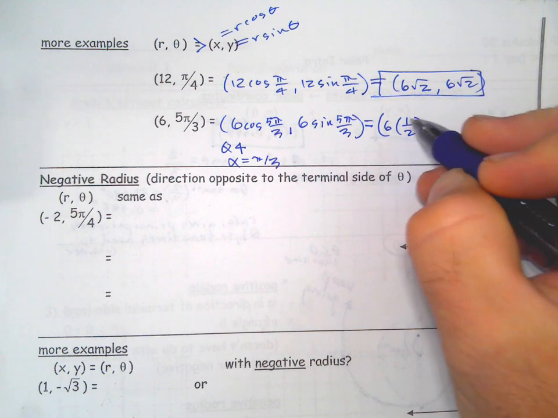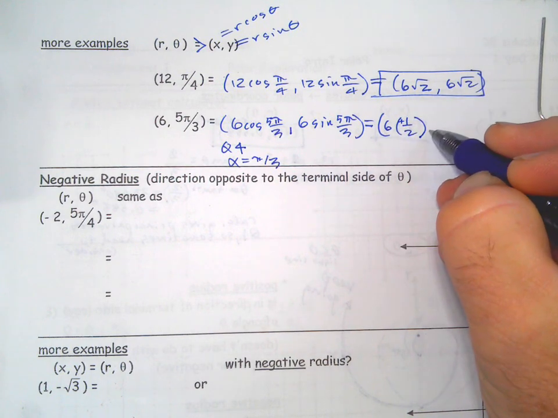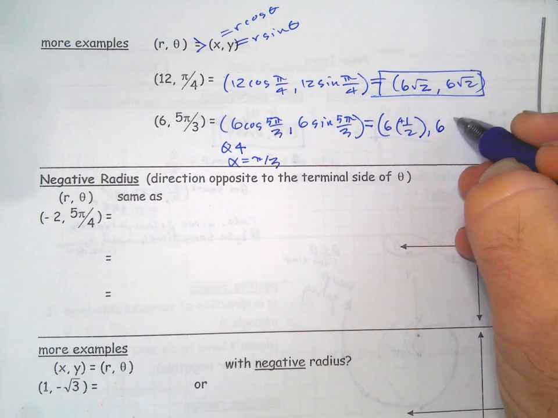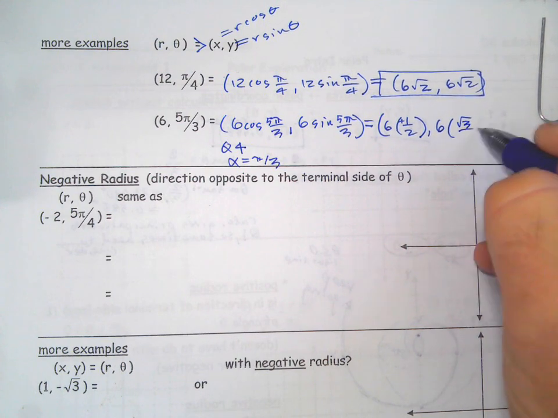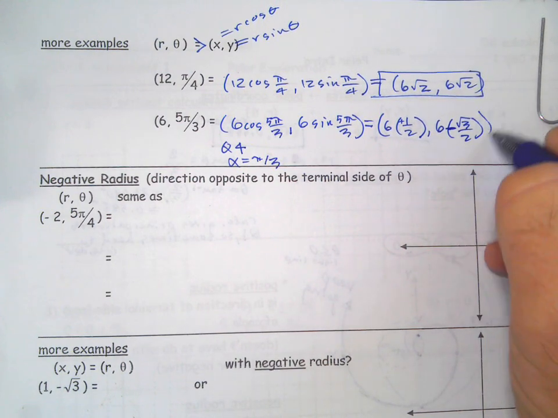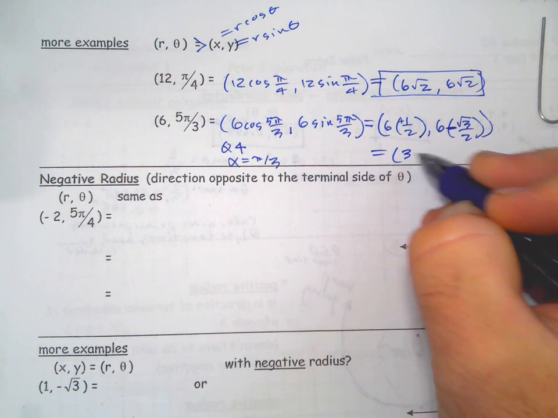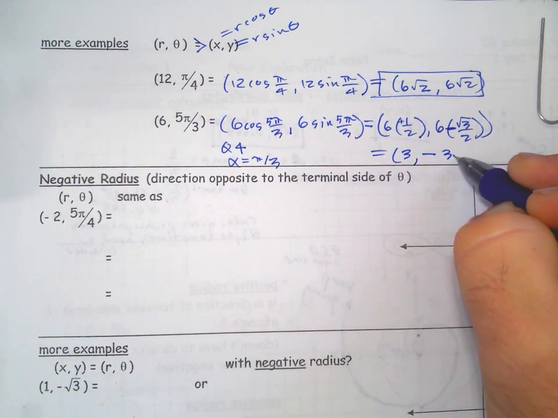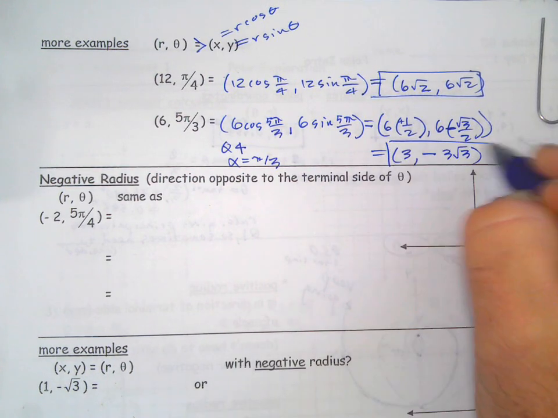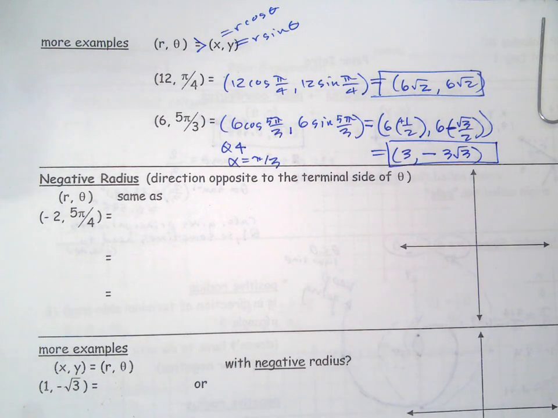And it's positive in the fourth quadrant for cosine. And sine is going to be root 3 over 2, but it's going to be negative. So we're going to get 3 comma negative 3 root 3. Which, by the way, does that give you a point that's in the fourth quadrant? Yes. So it should make sense, even thinking what quadrant it is based off the xy pairs.